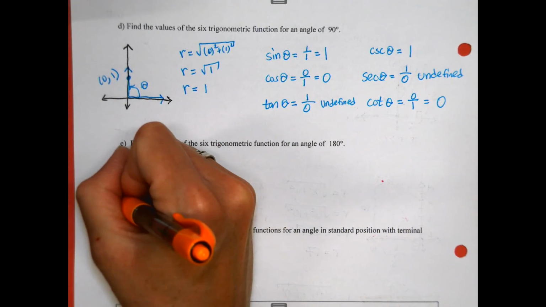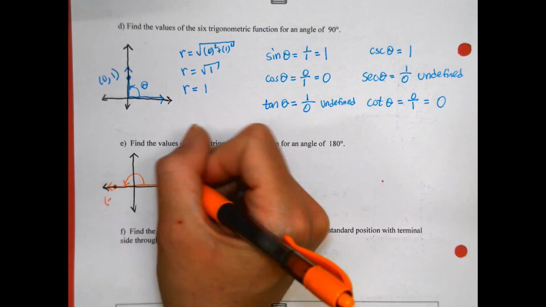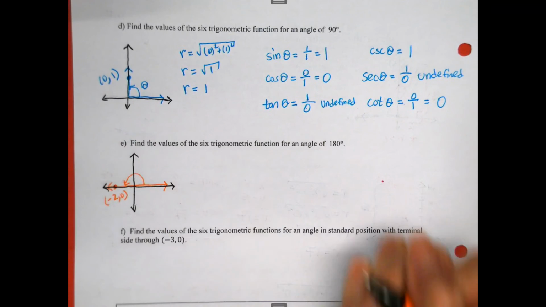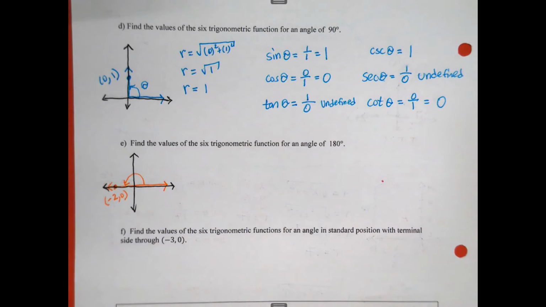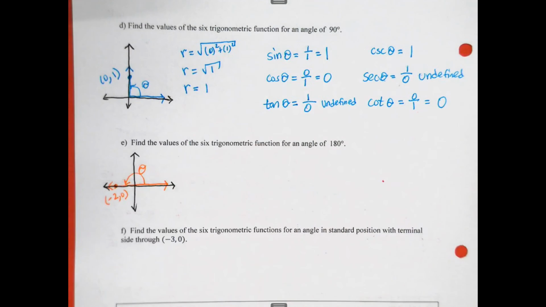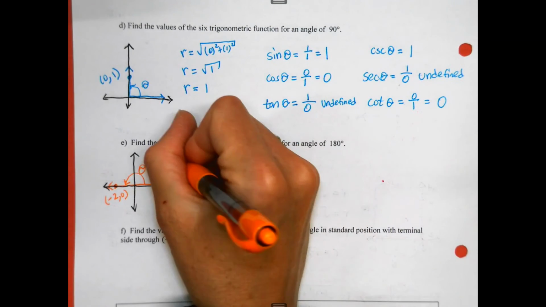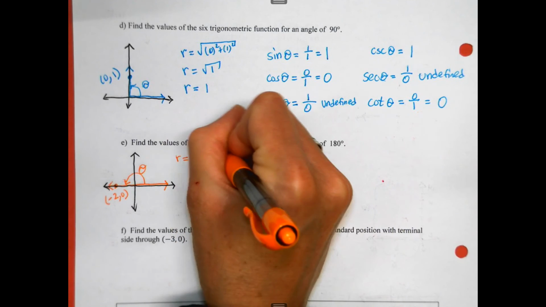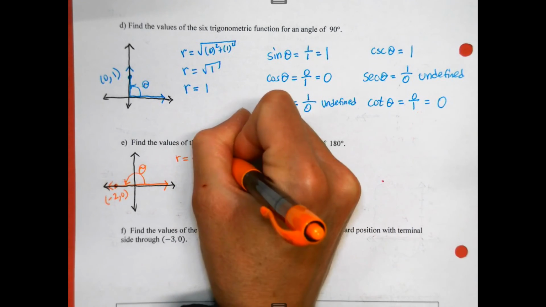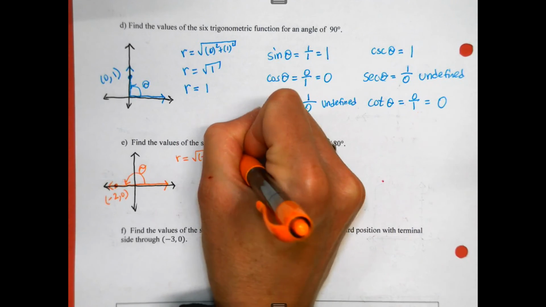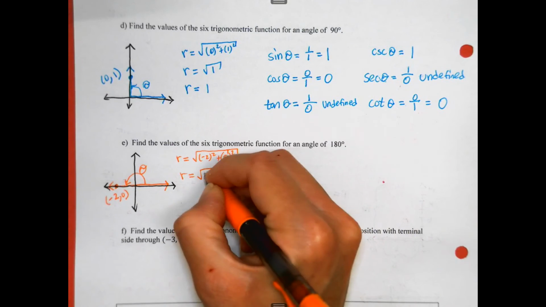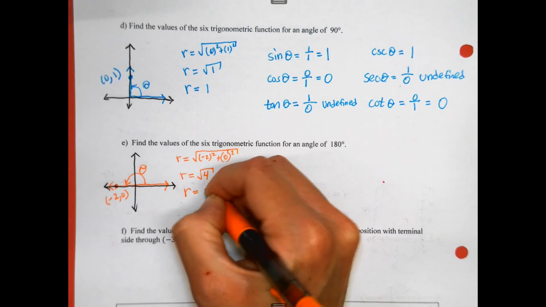We usually choose -1, 0, but let's say we chose -2, 0. It doesn't matter what point we use. So that's our theta, and we need to find r. R is going to be equal to the square root of x squared, or -2 squared, plus y squared, which is 0 squared. R is equal to the square root of 4, so our r is 2.